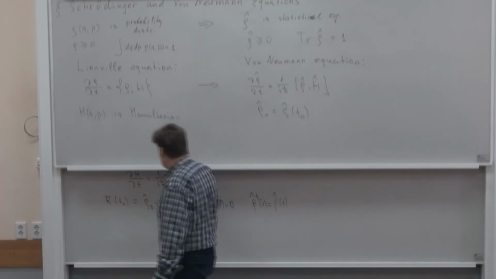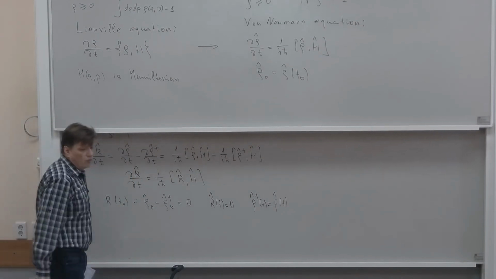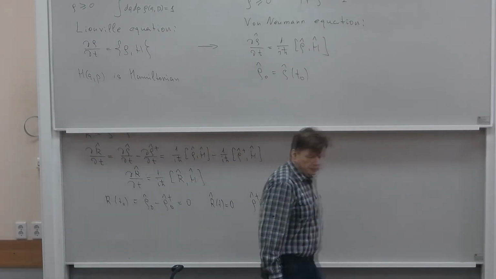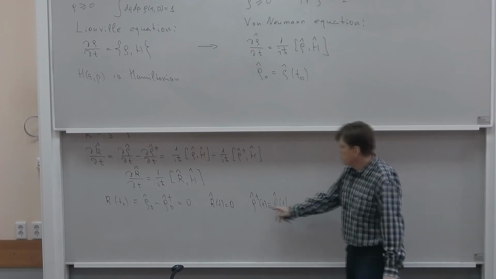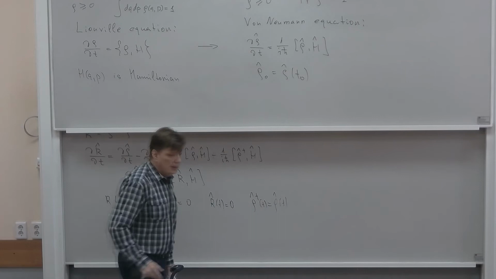But it follows immediately from the structure of the von Neumann equation. If we start with the Hermitian operator rho naught, we can get only Hermitian operator at the later times.